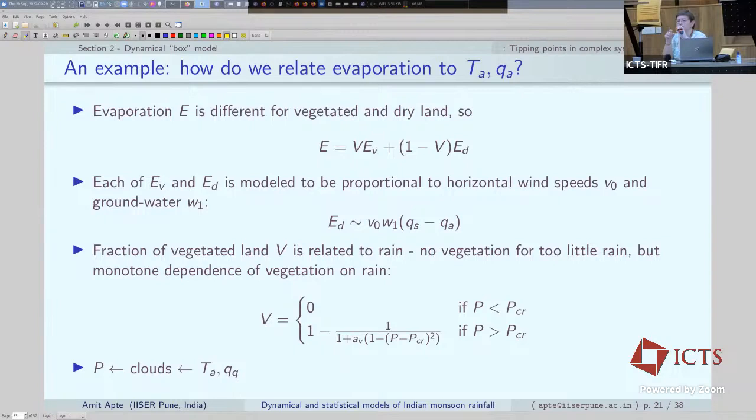So temperature and humidity, this is the relation I have not yet shown, right? So temperature and humidity will be related to cloud cover, and the clouds will be related to precipitation. But if temperature is high, even in wet season, ground would be drier, wouldn't it?